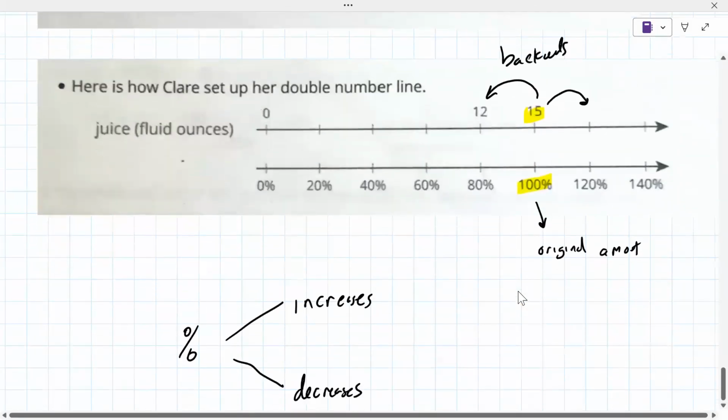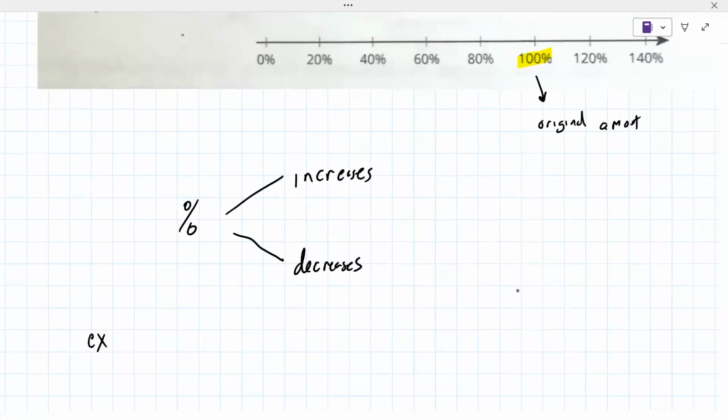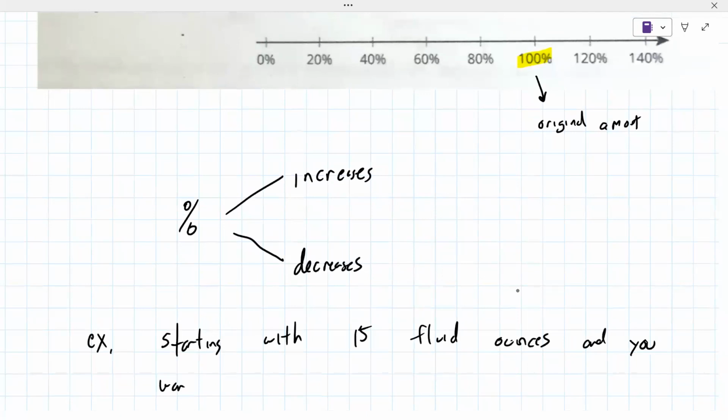Okay, so maybe say an example where you're starting with 15 fluid ounces, and you want to know what a 20% decrease is. Is that okay? Yeah. All right.